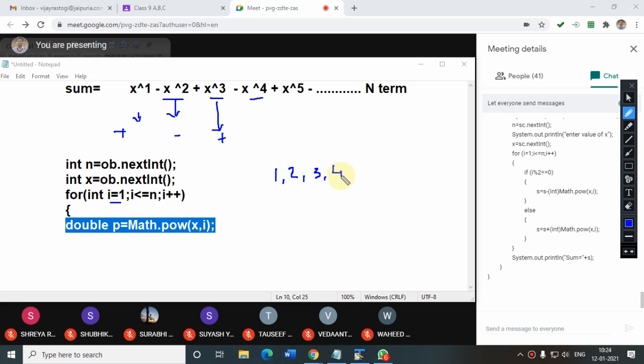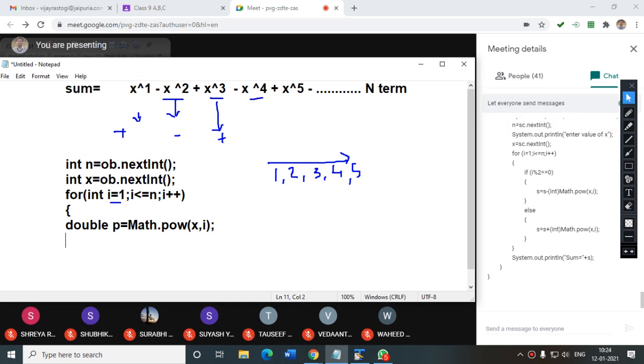Anushka, please pay attention. Bharat, you also. Every time this is the loop of natural numbers. So if the natural number is 1, then we are supposed to add. For that we simply put the condition i mod 2 equals to 1, meaning we are talking about the first term. In that case, sum equals to sum plus p.